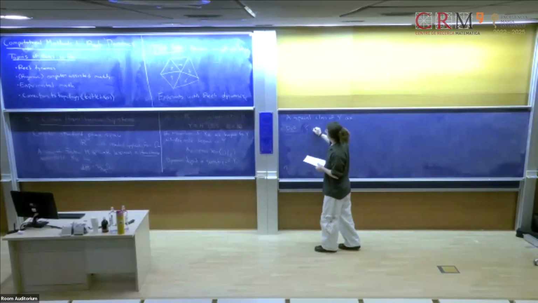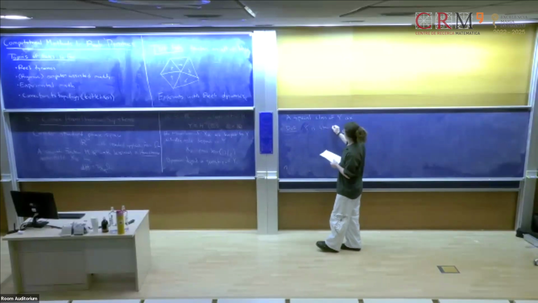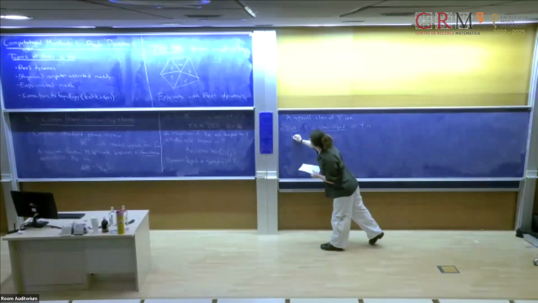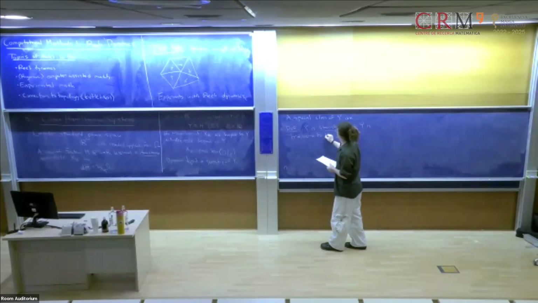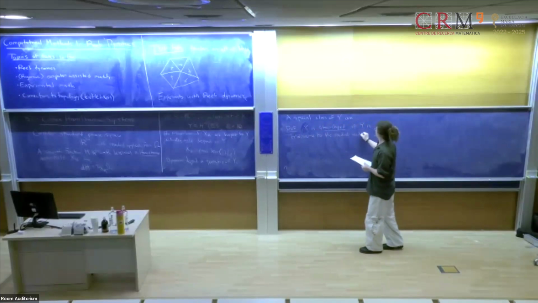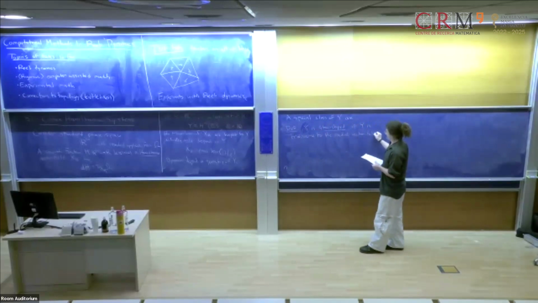Y is star-shaped if Y is transverse to the radial vector field centered at the origin.